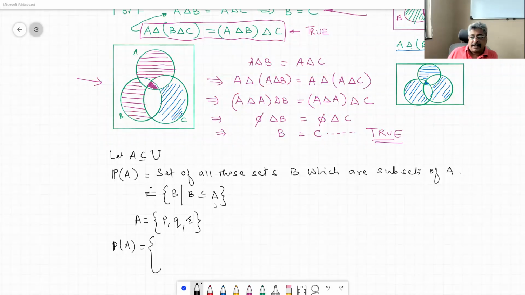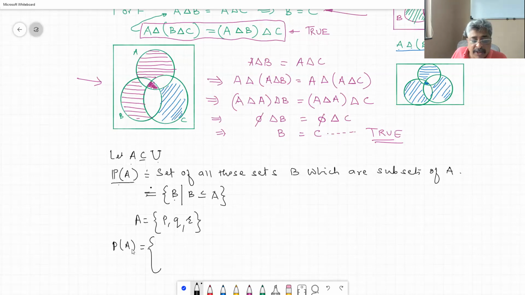Let us understand what we mean by power set. Power set of A. Let A be a subset of the universal set. Power set of A is defined as the set of all those sets B which are subsets of A. Example: let A be {P, Q, R}, a 3-element set.